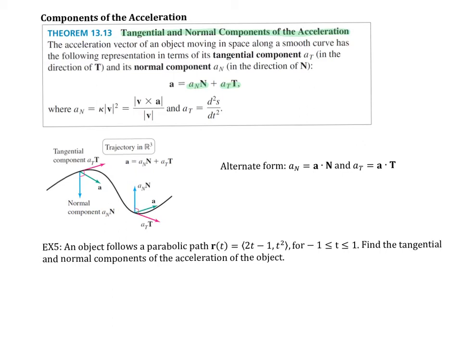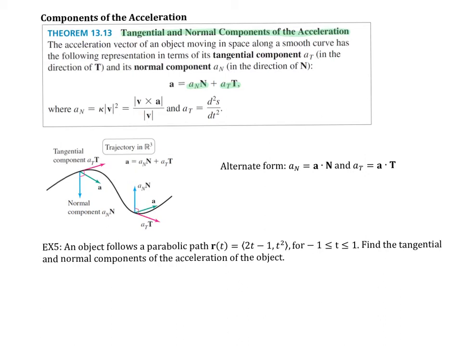And when we change direction, we're changing the acceleration in the direction of our unit normal vector. Okay? So oftentimes it's nice to have the acceleration vector broken down in pieces so we can see how the speed and the direction are changing.